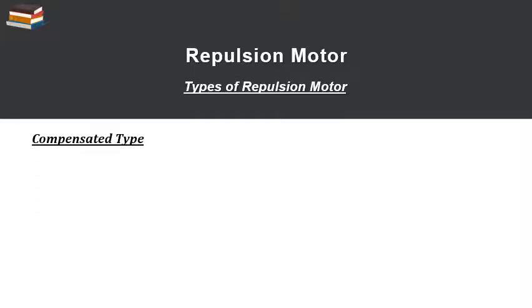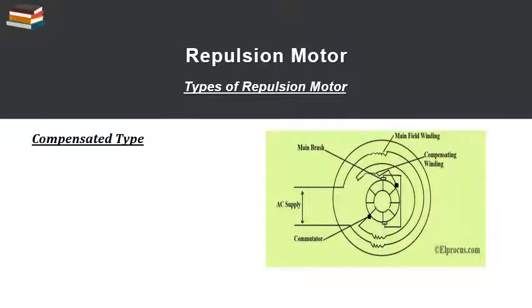So the first one is the compensated type repulsion motor. This is the diagram for the compensated type repulsion motor. This motor consists of main field winding and compensating winding.